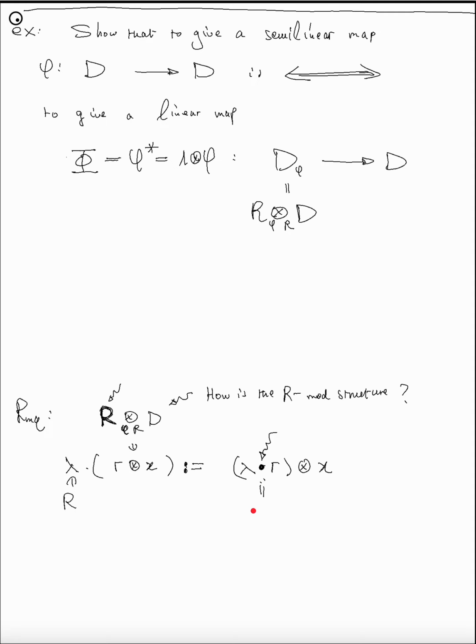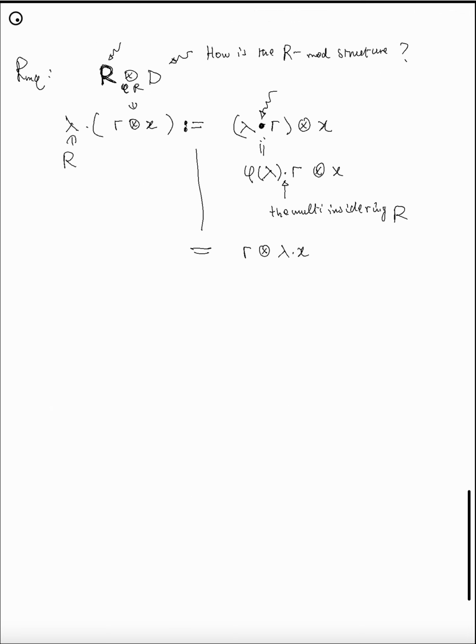I'm going to define it as Frobenius, not necessarily Frobenius, this map phi acting on lambda, and then use the multiplication inside the ring R. Or you could act on the second component, then as usual, because x is taken from this R module D, just use the R module structure there.